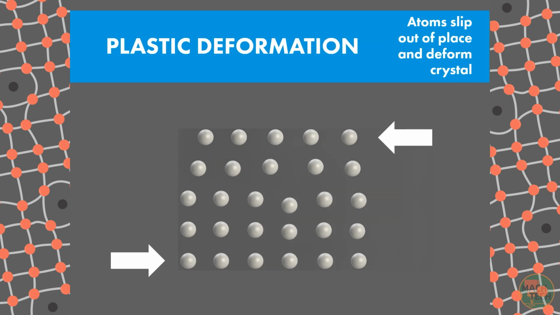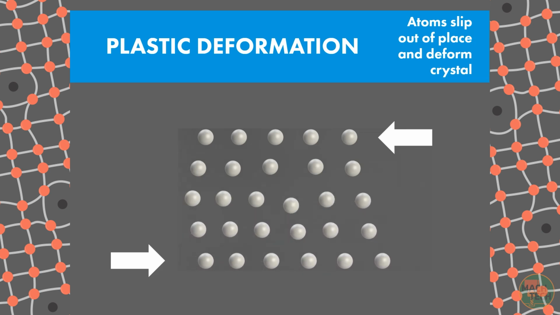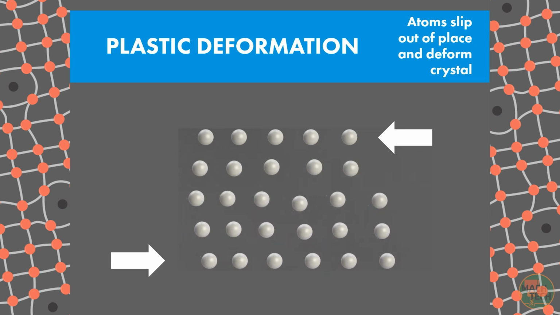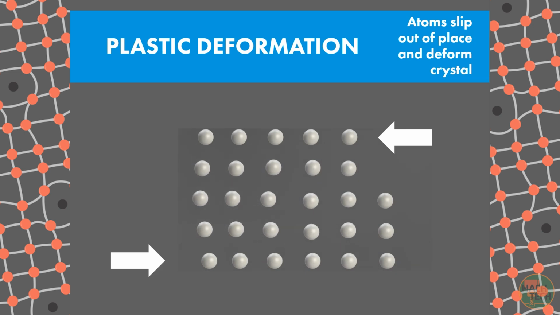Now, what if we could push a little harder? And notice that there's a column of atoms here that seems to be out of place, jammed between two other columns. If we push hard enough, the atoms will stretch, form new bonds with other atoms, and actually rearrange their pattern. If we stop pushing, they will not return to the original grid pattern. They have taken on a new shape. This is plastic deformation.